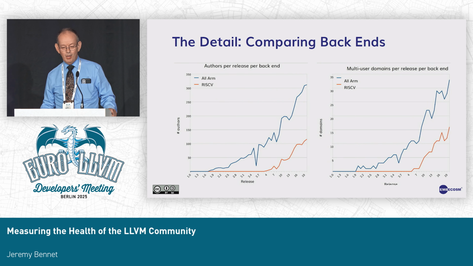And we can do that per back end, and here's where you start to get some interesting information. All the ARM backends, so that's the 64 and 32-bit, compared with all the RISC-V backends. Well, it's a bit worrying.